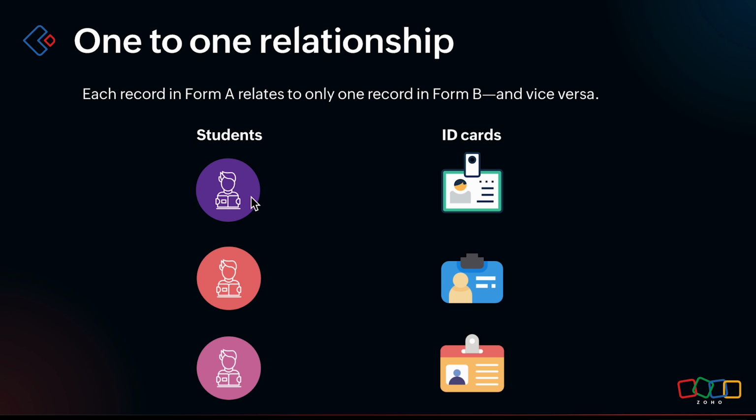So one single student can be associated with only one single ID card. That is, one single record in form A can be associated with only one single record in form B. You cannot assign multiple ID cards to one single student, or you cannot assign one single ID card to multiple students as well, right? So this is a classic example of a one-to-one relationship.